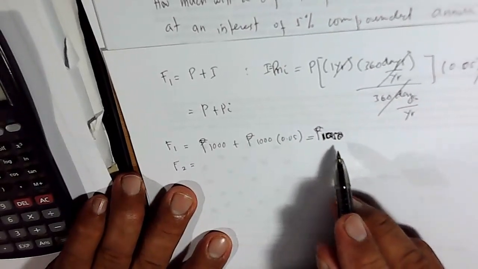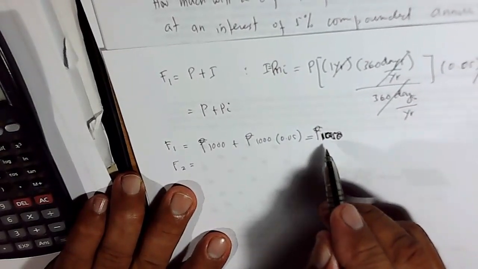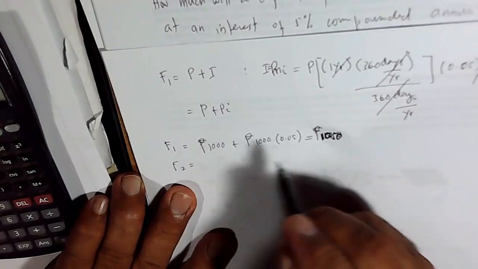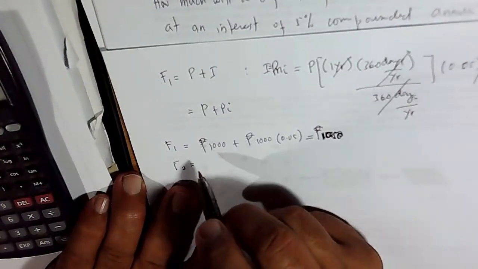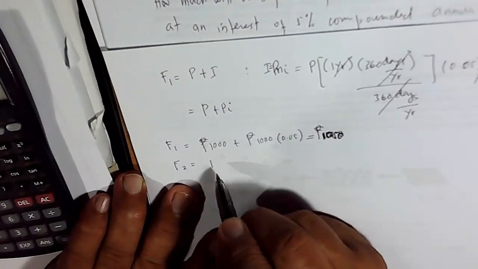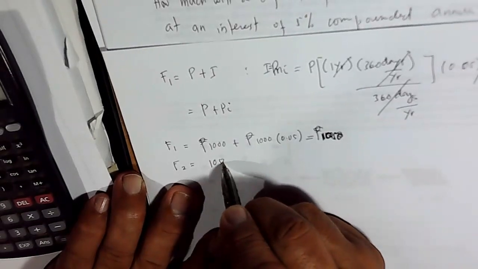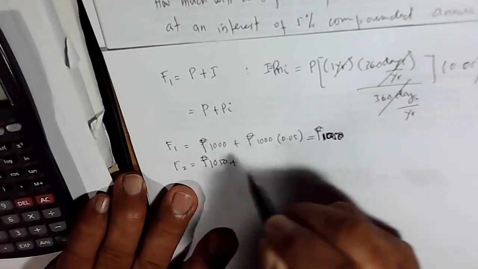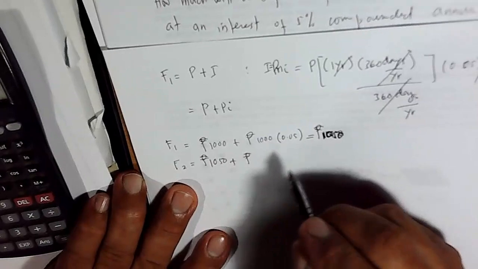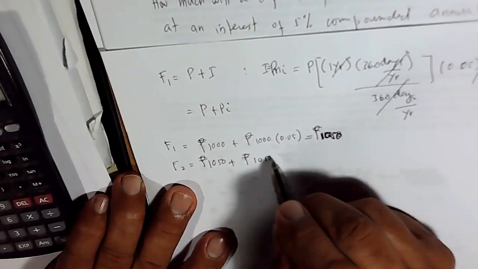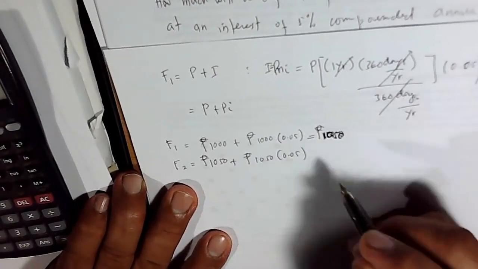For the second year, since we have 1,050, then we consider this as the initial principal: 1,050 plus the interest of 1,050 at 0.05.